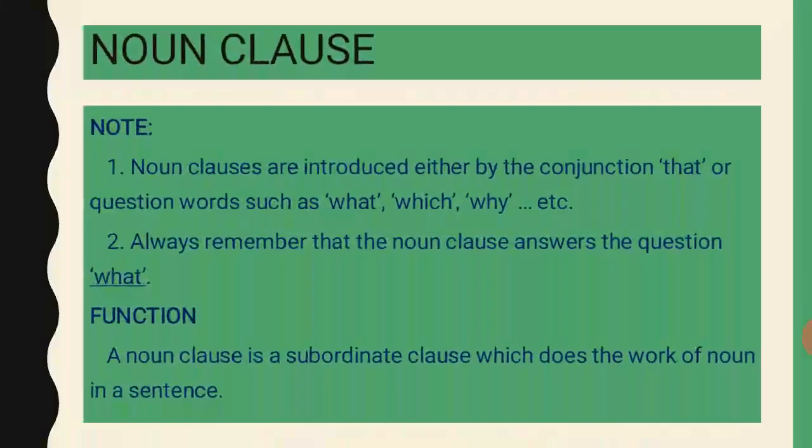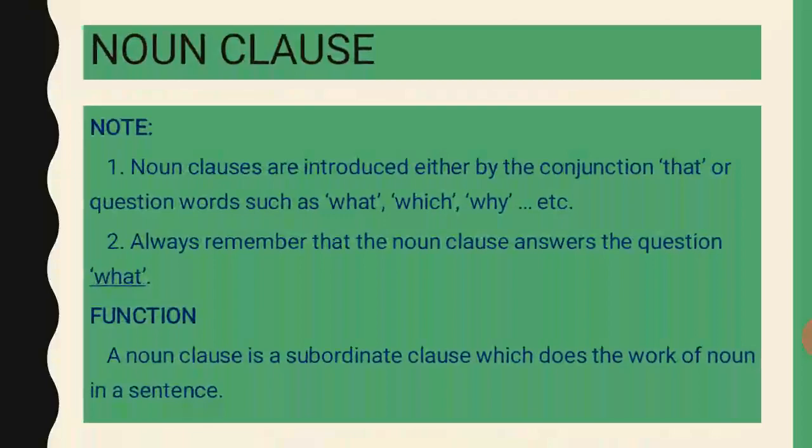See the first kind, noun clause. A noun clause is a subordinate clause which occupies the same position in a sentence as a noun and functions in the same way in relation to some other word in some other clause.